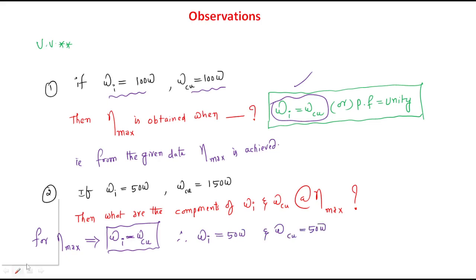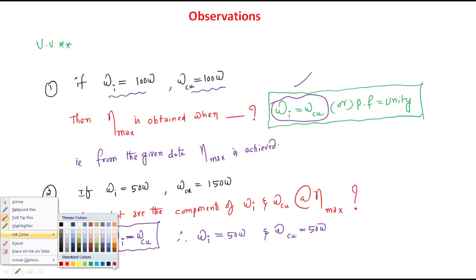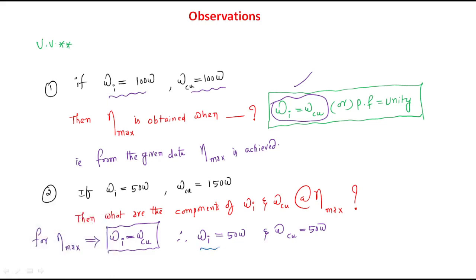What is the reason? Because the iron loss component is constant losses. Iron losses are nothing but constant losses, and copper losses are nothing but variable losses. That's why the copper losses are reaching 50 watts only.